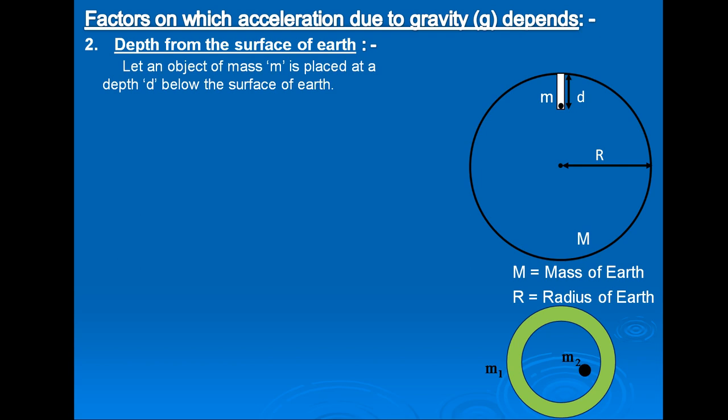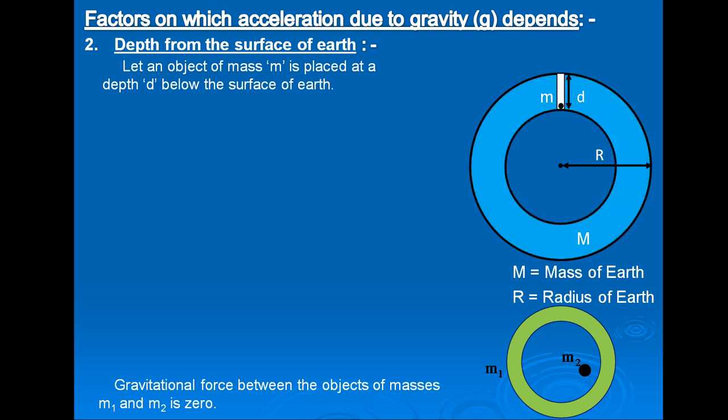Now as the gravitational field intensity inside the shell is 0, therefore the net gravitational force between the object of mass m1, that is the shell, and the object of mass m2 is 0.